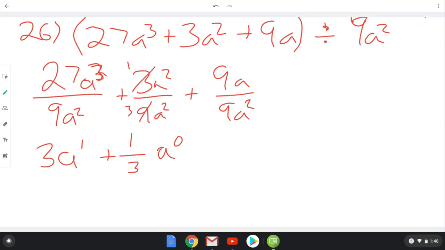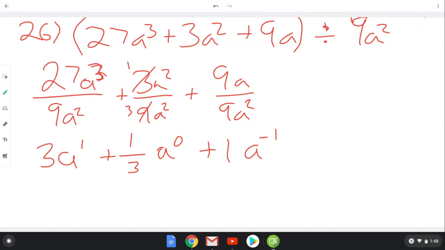A to the 0 plus, you don't have to write that. I just did. And then over here, we're going to have 9 divided by 9 is 1. And then we have a over a squared. So that's a to the 1 minus 2. 1 minus 2 is negative 1. So we have a to the negative 1. So make sure you're paying attention to your negatives.